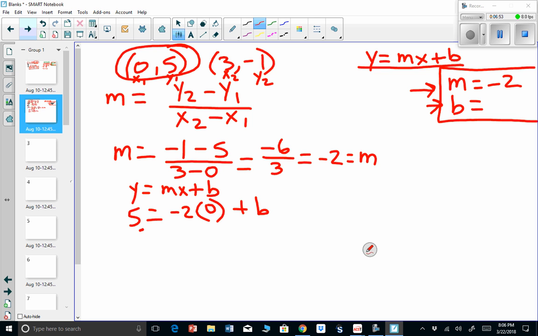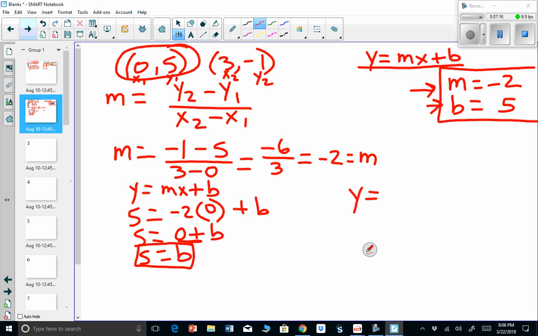Then we solve for b. Negative 2 times 0 is 0. So really that's just 5 equals b, because 0 plus doesn't amount to anything. So b equals 5.